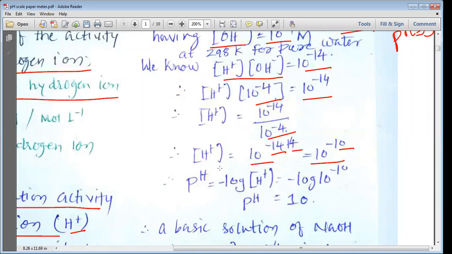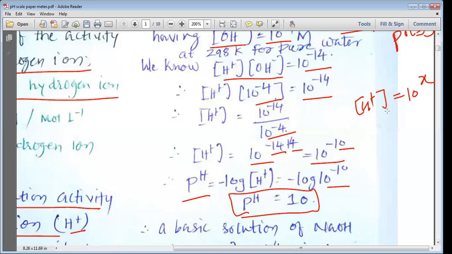And thus we can write that the H plus concentration is 10 to the power minus 10, and therefore pH is equal to minus log of H plus, that is minus log of 10 to the power minus 10, that is minus into minus 10 log of 10, which ultimately leads us to pH is equal to 10. So remember, my dear students, if we have H plus concentration in the power of 10, then we can write pH very easily.